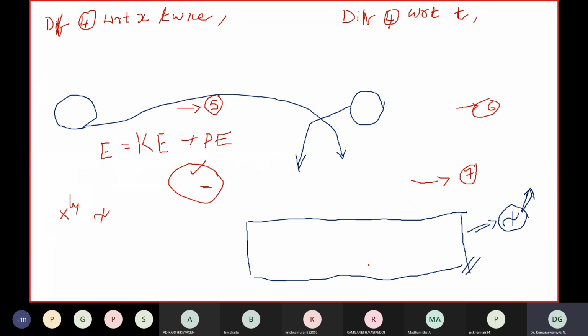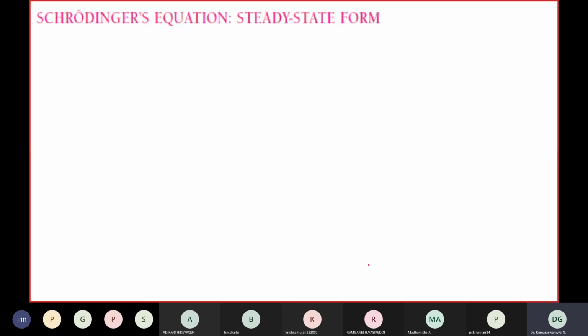This is the general wave function equation, which we got from the wave equation. This wave function we will separate out: it has a time dependent part and a position dependent part. We will write them separately.